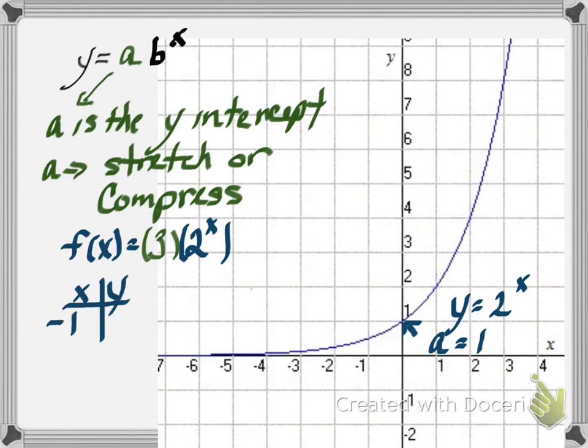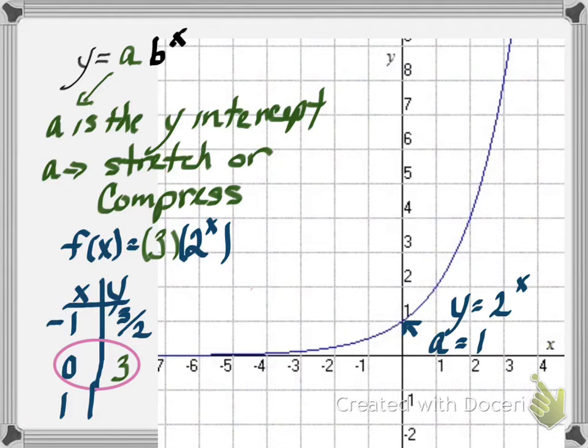So let's do a little transformation here. What if we change the a value to 3? What's going to happen? One of the ways you can do this is always make a little chart. So if we plugged in a negative 1 for x, remember that would make that 1/2. 3 times 1/2 is 3/2. What if x was 0? Well, that would be 3 times 1, and that is the y-intercept. And what if we plugged in a 1?